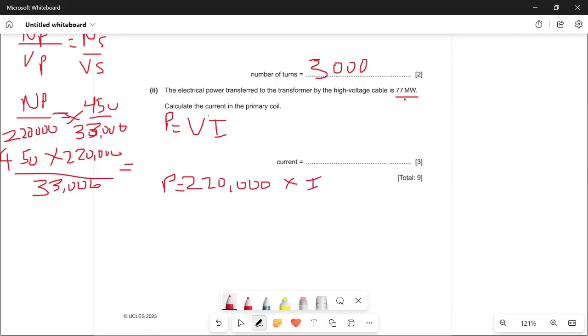So 77 megawatts is equal to 77 million watts. So we can write it in standard form, 7.7 times 10 to the power of 7, and then we divide it by 220,000 to find the current.